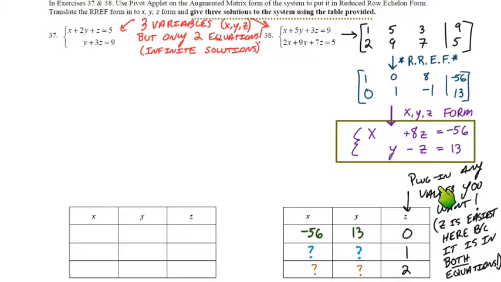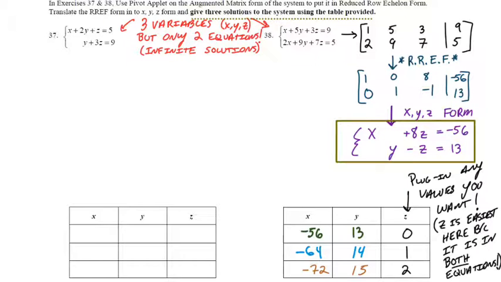You plug a 1 in for z in the bottom equation, that gives you y minus 1 equals 13. What number minus 1 gives you 13? Y is 14. Plug a 1 in up here. X plus 8 equals negative 56. So if you subtracted 8 from both sides, you'd get negative 64 for x.